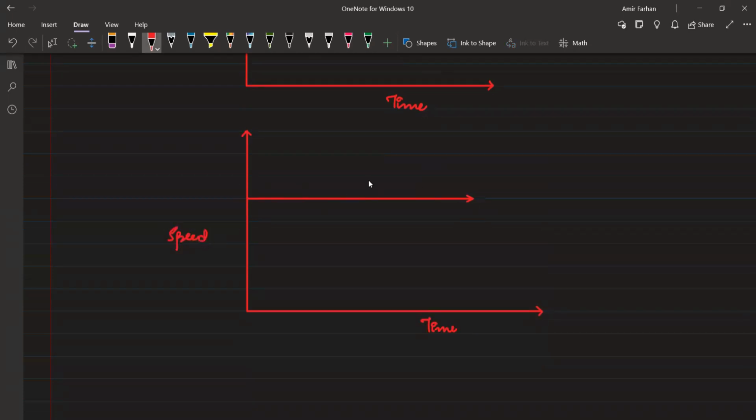As you can see, the slope of the horizontal line is zero. Yes or no, Ayaan? So the slope is equal to zero, which means that the acceleration of this graph will be zero. With respect to time, speed is not going to change. So it is called zero acceleration. It means that the object is moving with constant speed, no change in the speed with respect to time.